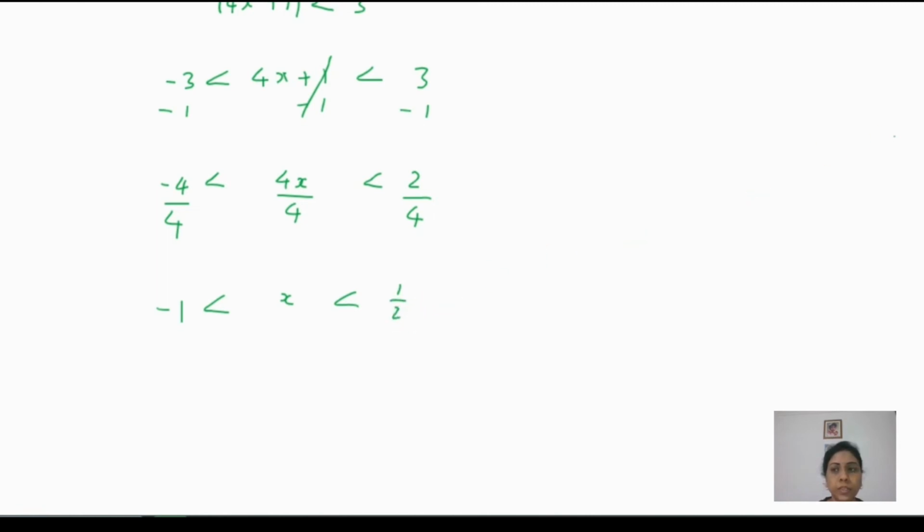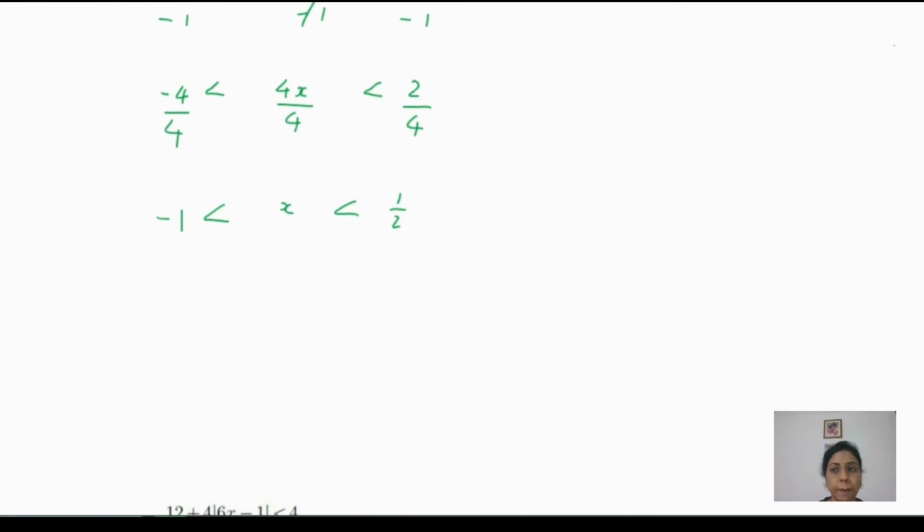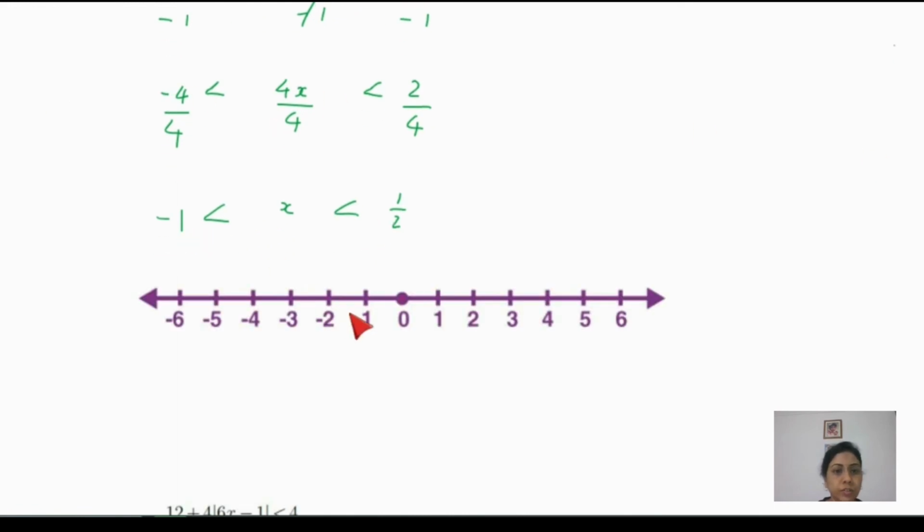Now we can represent this on a number line. So here minus 1 is this, and x values are more than minus 1, correct? Here 1 upon 2, which means 0.5, and x values are less than this.